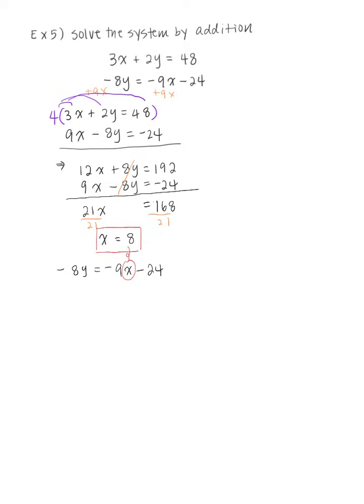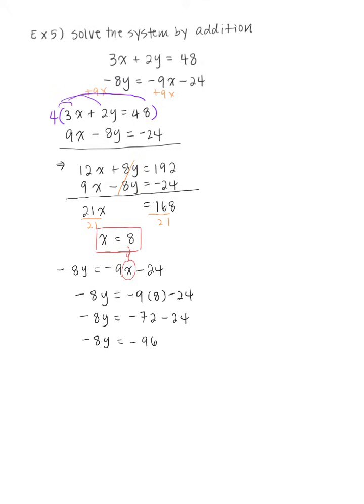So then here you're going to have negative 8y equals negative 9 times 8 and then minus 24. So we're going to get negative 8y equals negative 72 minus 24. So negative 8y equals negative, what the heck is that, 96.